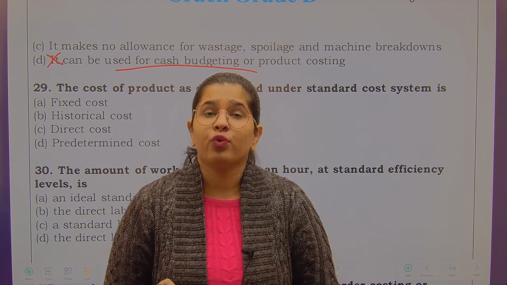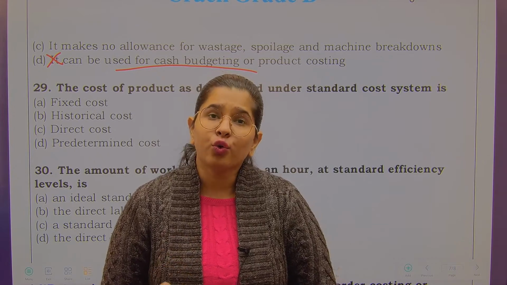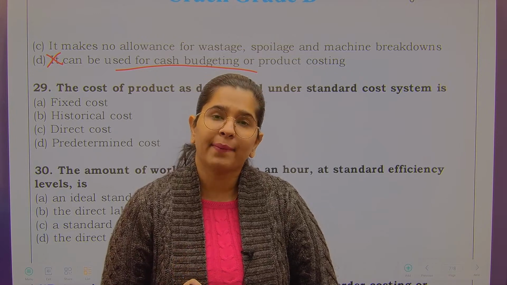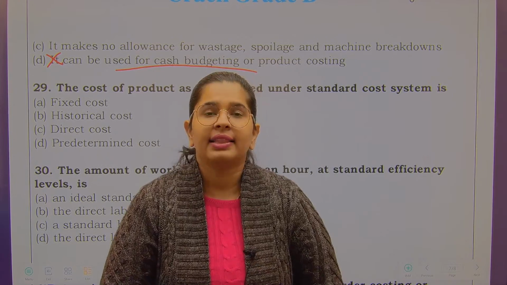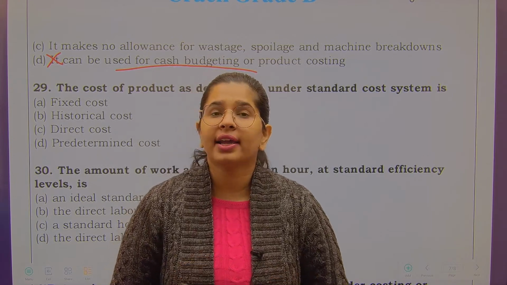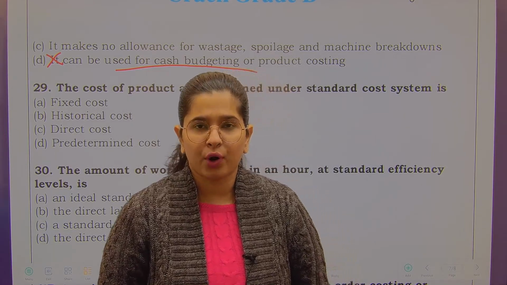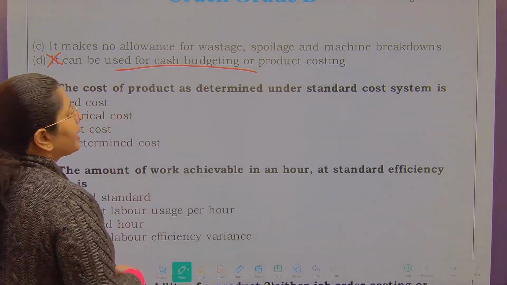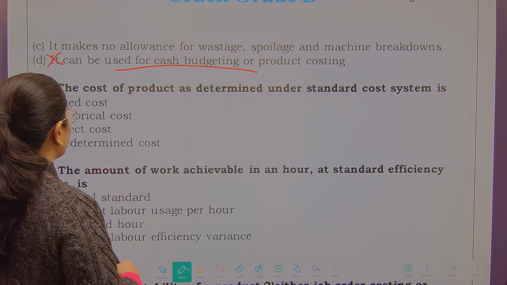So if you do your costing at the ideal standards, then you will incur a huge loss because you will not be able to recover your true or actual cost. That's why it cannot be used for your product costing.